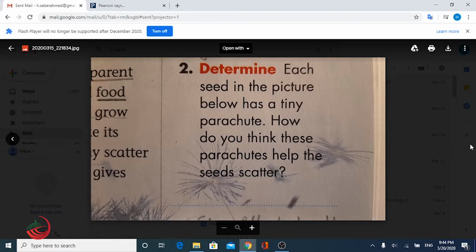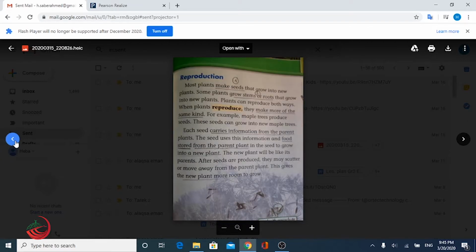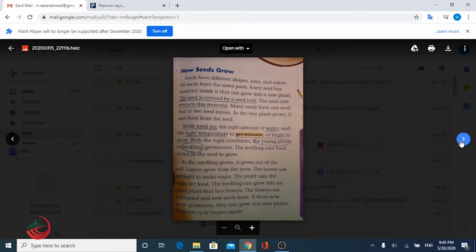I said it, isn't it? Look at the illustration of the seed. You will look at the picture of the seed. All right? Why is the seed coat important? It is useful in what way?